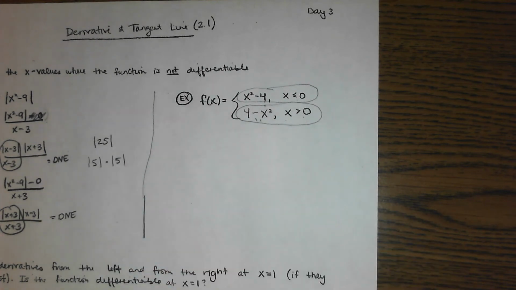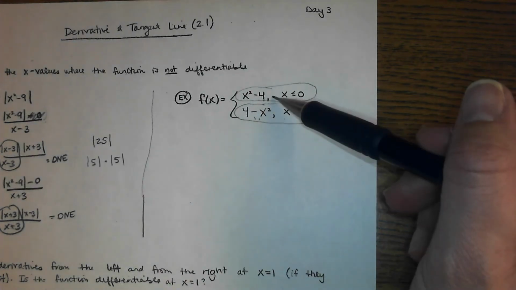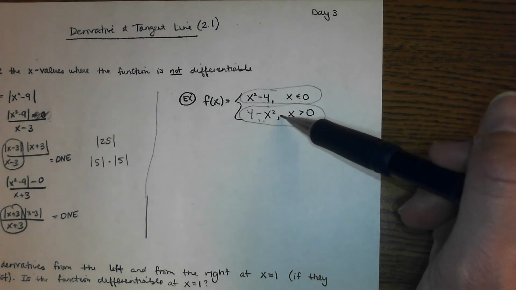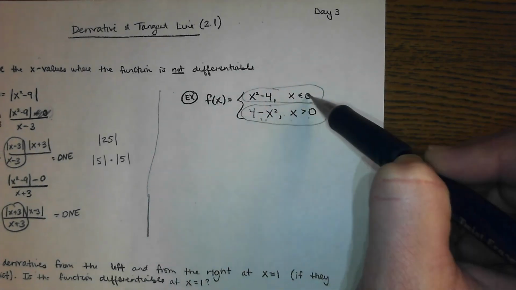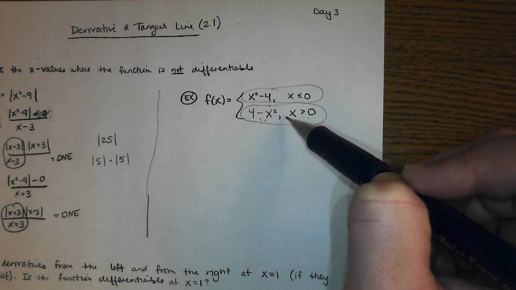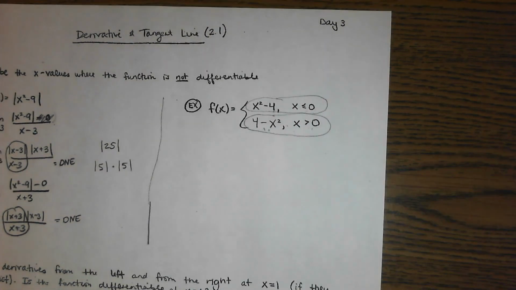And if they're the same number, then we're good. Because if this one ends with a slope of 2 and this one starts with a slope of 2, then it is meshing into each other very nicely, right? If this one ends with a slope of 4 and this one starts with a slope of 2, that's a sudden and drastic change. That's going to be a sharp corner point on the graph. Do you follow that logic?